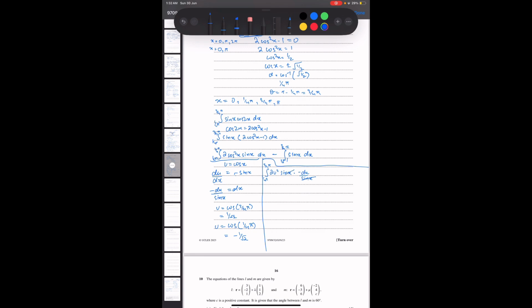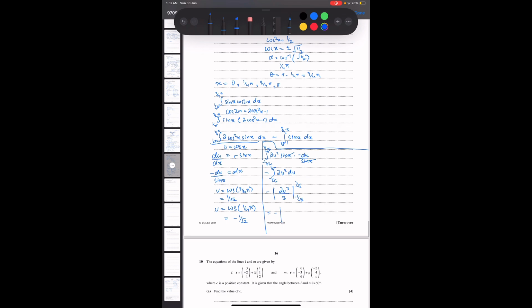Now we can take the minus sign outside, and it will be integration of 2u² with respect to u within the limits 1/√2 and minus 1/√2. So it is 2u³/3, with the minus sign here, with limits 1/√2 and minus 1/√2.